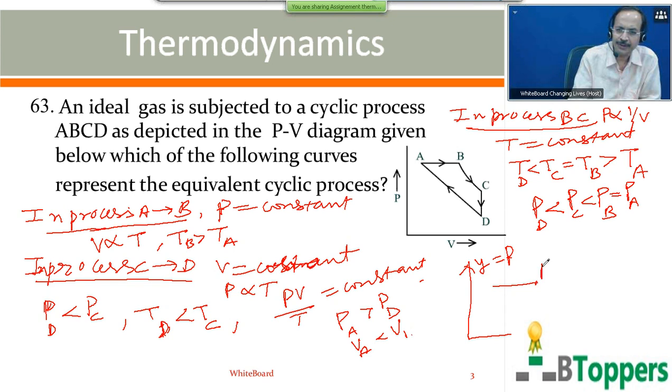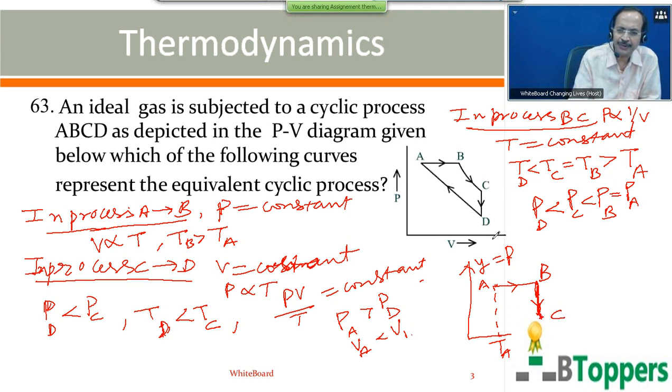So temperature at B is more than the temperature at A, that is x coordinate at B is more than x coordinate at A. But pressure is constant or y is constant. So in the process B to C, isothermal, temperature is constant. Temperature at C is same as temperature at B.